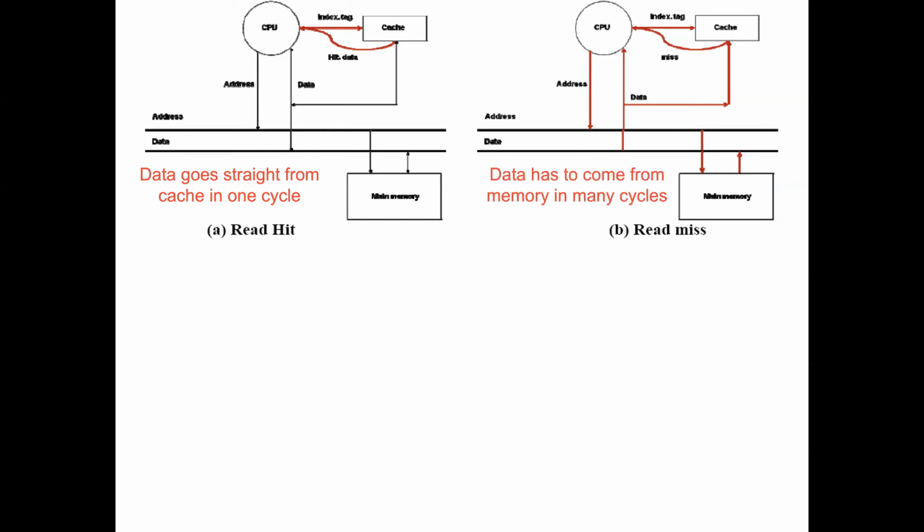The data is put on our data bus and sent back to both our cache as well as to the CPU. So if we do have a cache miss, the CPU goes to memory and the data is sent back to the CPU and the cache.